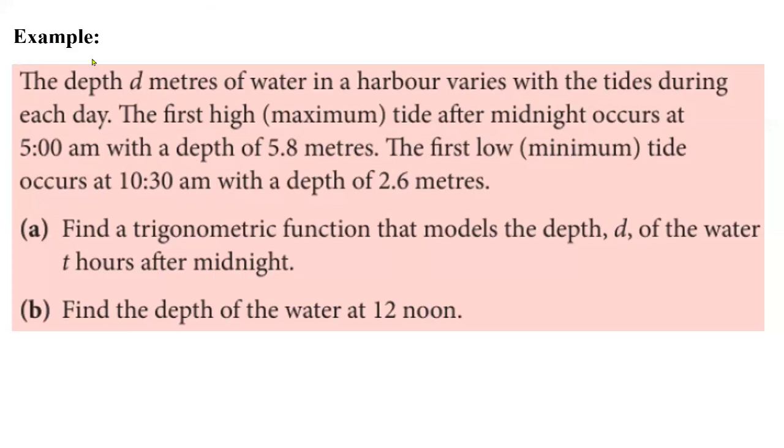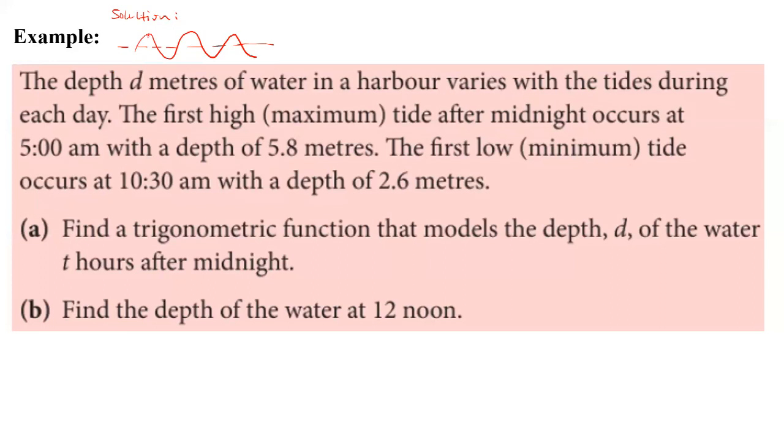All right, let's have a look at the solutions. This function basically has a pattern like this, right? The depth of the water varies during the day, so the x coordinate is time, and the y coordinate is d.